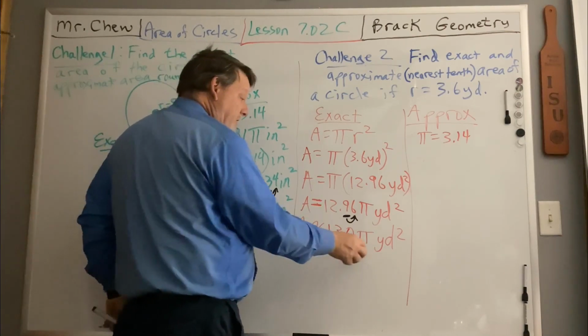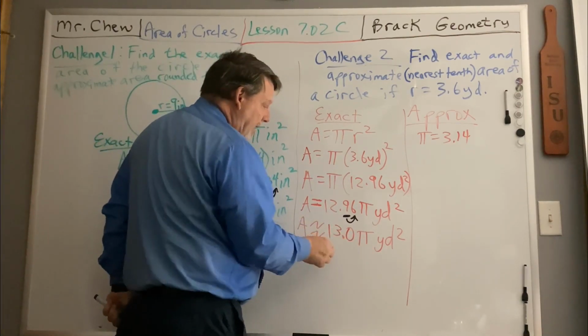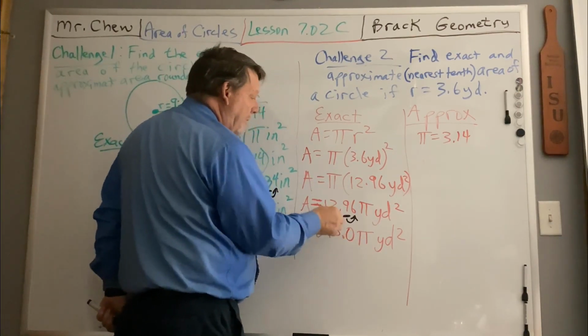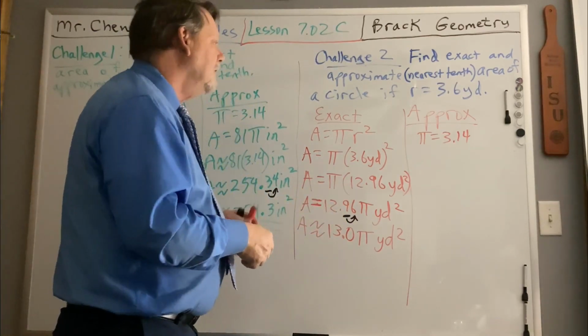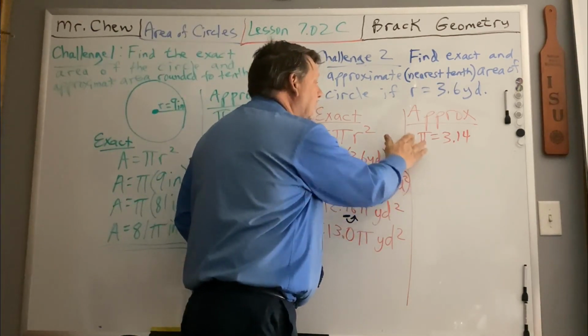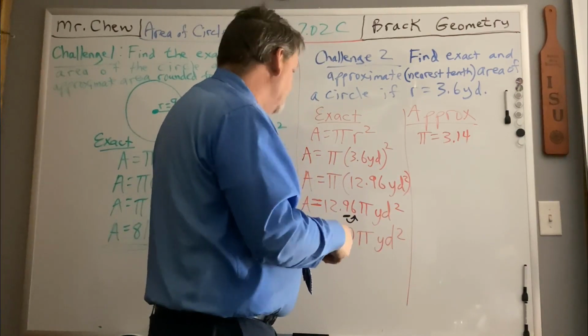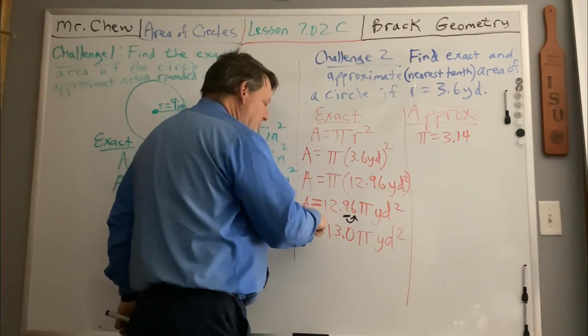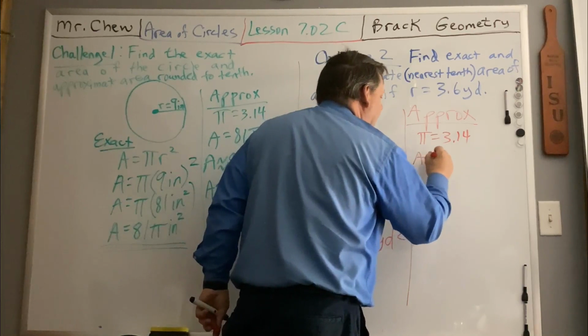Now, I know that it's in terms of pi, but I know that it has also been rounded up from another number. So we can use them both and see, and sometimes they're a little bit different. So let's use the exact amount first.